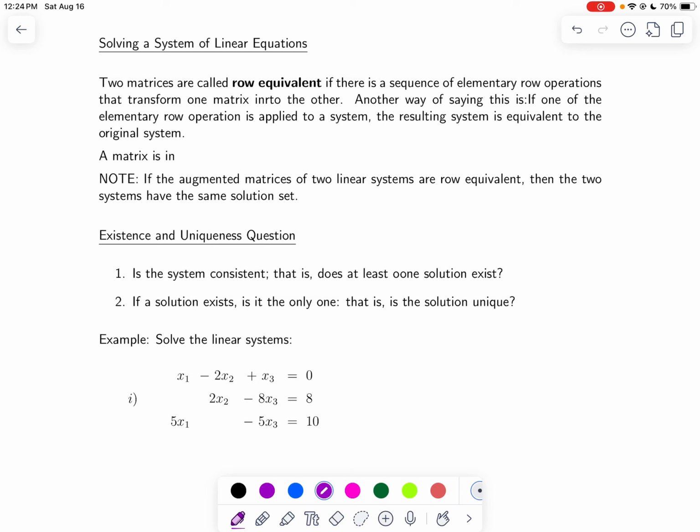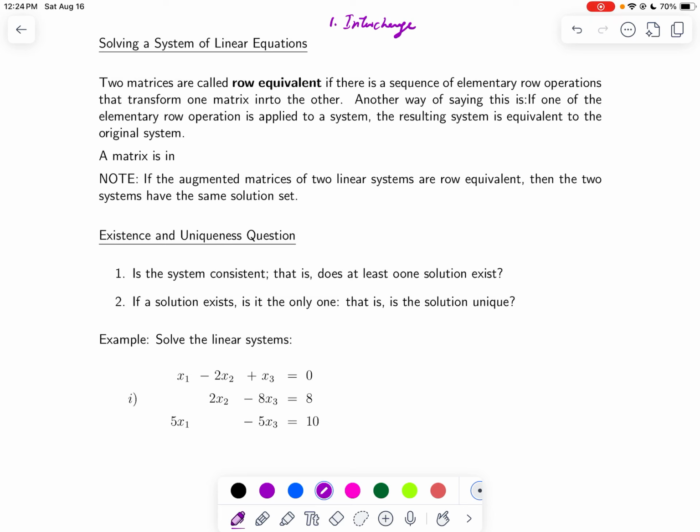The first of them was interchange, or swap. So we can interchange any two rows. We can make the first row the third row, and the third row becomes the first row. Or we can swap the first and the second, or second and the third, and so on.